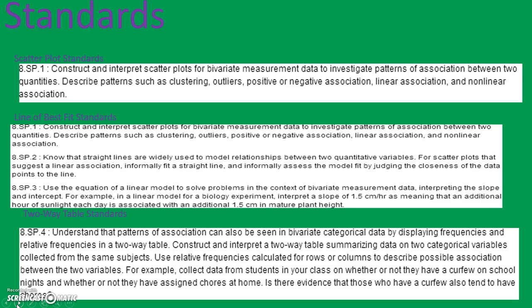Use the relative frequencies calculated for rows or columns to describe possible associations between two variables. For example, collect data from students in your class on whether or not they have a curfew on school nights and whether or not they have assigned chores at home. Is there evidence that those who have a curfew also tend to have chores?